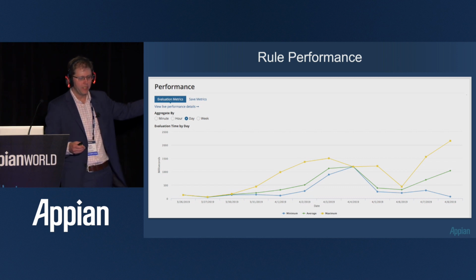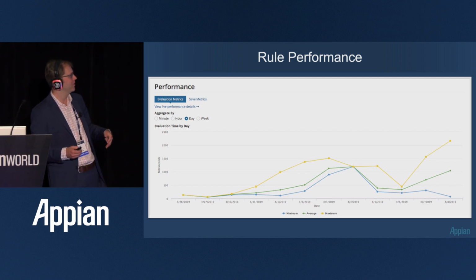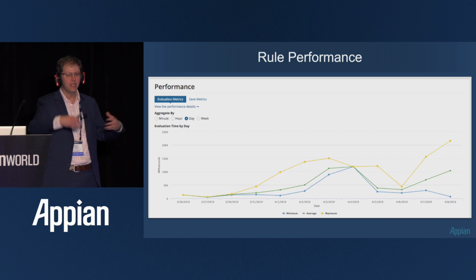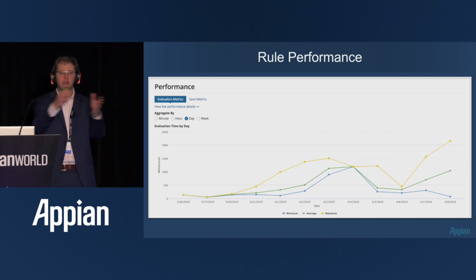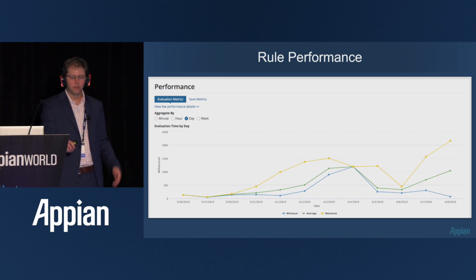Okay, we made some changes. Oops, we actually made it worse. On the run that we did on April 4th, it was actually performing a little worse. And then we made some changes again, did another run, and we can see, okay, we got some improvement. And that's how you can hone in on the changes you need to make to your interfaces and your expression rules to have the best performance possible.